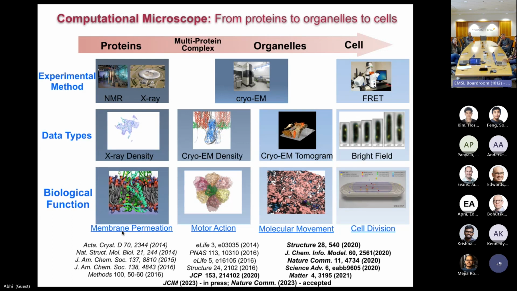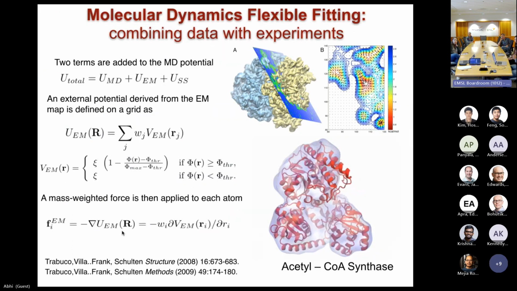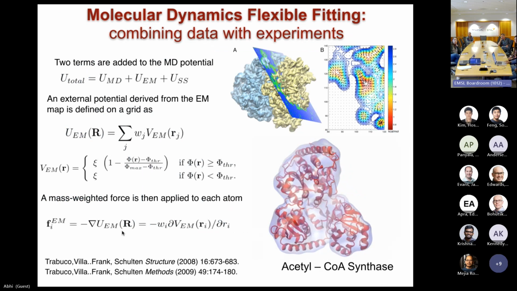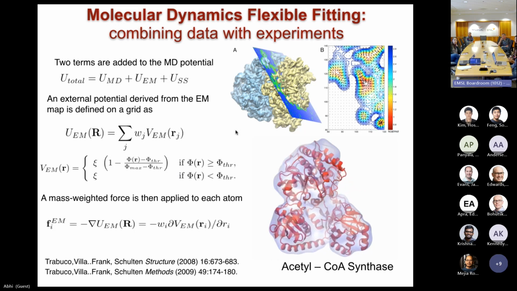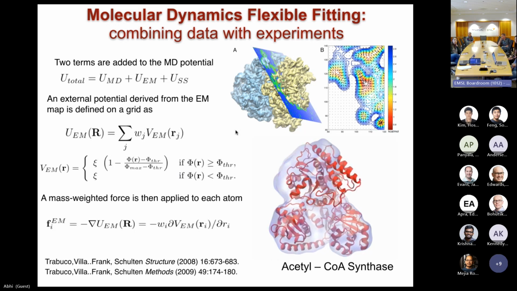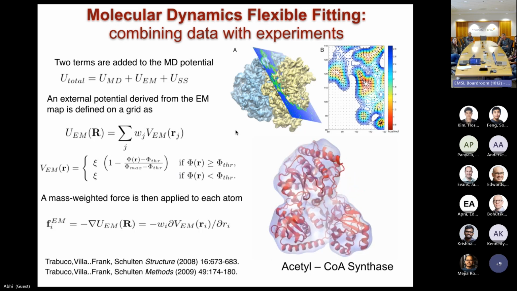So okay, now let's dive into how we do this. The first thing is something that Klaus Schulten, Hakim Frank, and Elizabeth Villa, then a graduate student, worked on. Now, of course, she's at UCSD, where she learned electron tomography in Germany from Wolfgang Baumeister and brought it to this country.